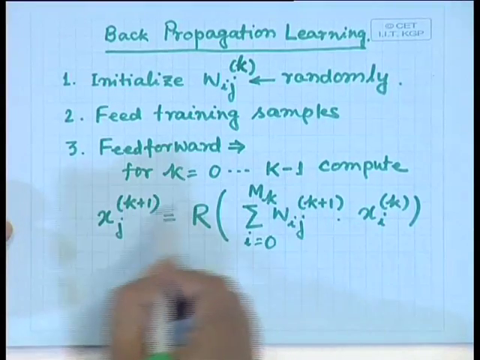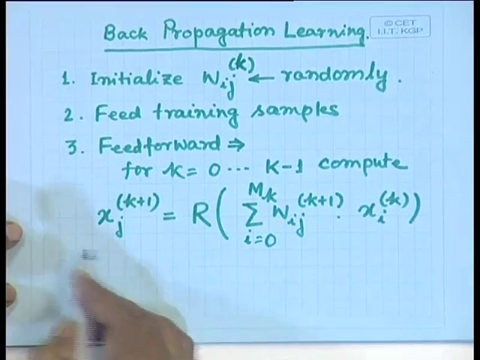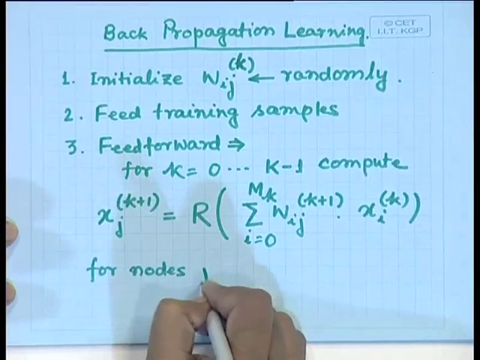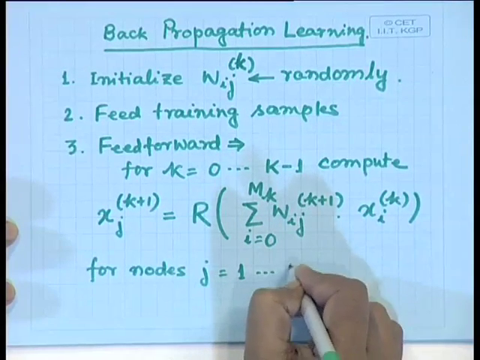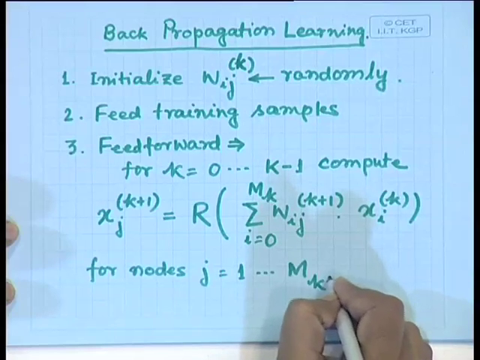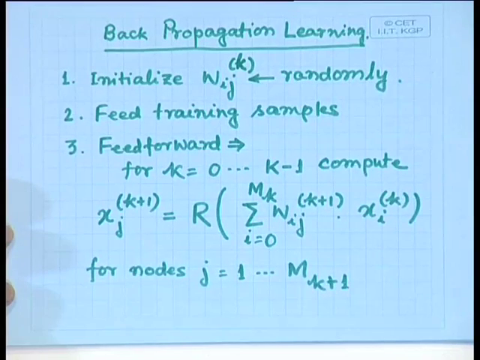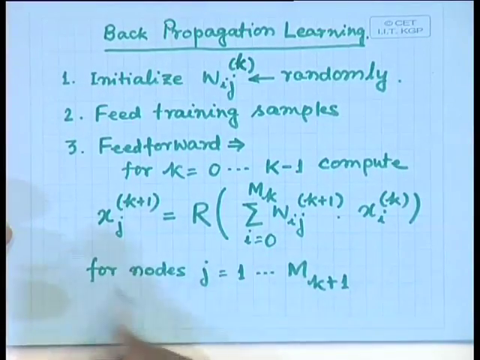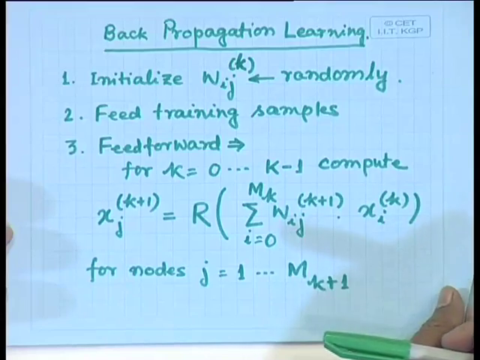Okay. So, this I have to compute for every node j equal to 1 to m_(k+1). One of the other nodes will have a constant input. Okay. So, this is what I have to do in the feed forward pass, where I am computing the outputs from every node in every layer depending upon the weights that I have till that time and the input vector that is fed in.